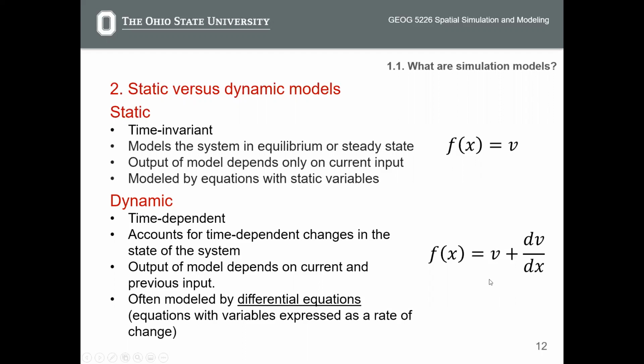So your output, which is speed, changes. Often modeled by differential equations with variables expressed as a rate of change. Here, the second term of this dynamic model is used to address the rate of change of speed by time, the change of v by x. So this is a dynamic model.